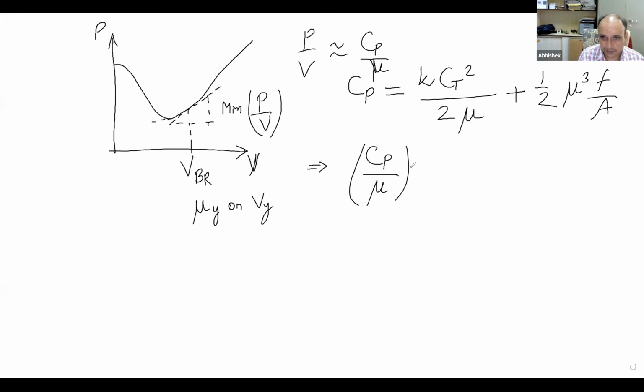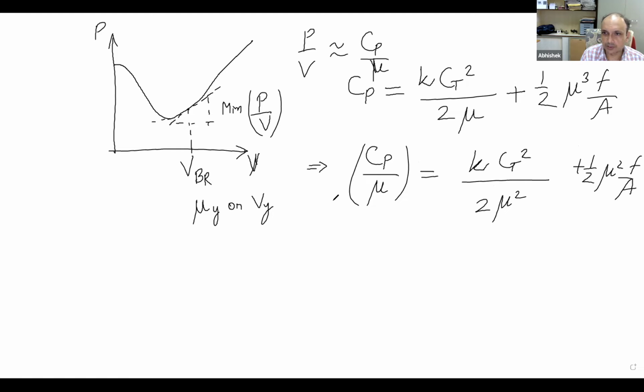So P by V, Cp by mu equals kappa Ct square by 2 mu square plus half mu square F over A. All right, so that's what I now want to minimize. So I take the derivative of this particular function and not the Cp. If I take the derivative of Cp directly, then I end up getting best endurance condition and not best range condition. So I have to minimize Cp by mu.